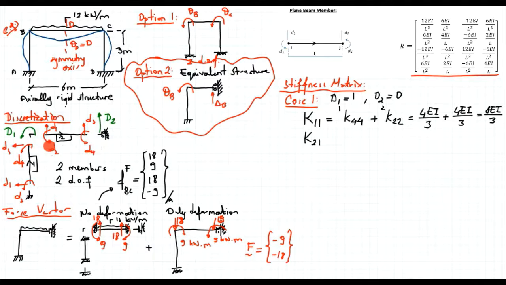So if I come to this free body diagram, the second degree of freedom is equal to unity and I want to keep the third degree of freedom equal to 0, and the force required for that is K32, and I don't have any contribution coming from the first member, so K21 is equal to this K32 of the second member, which is this value, or this one, minus 6EI over 9.